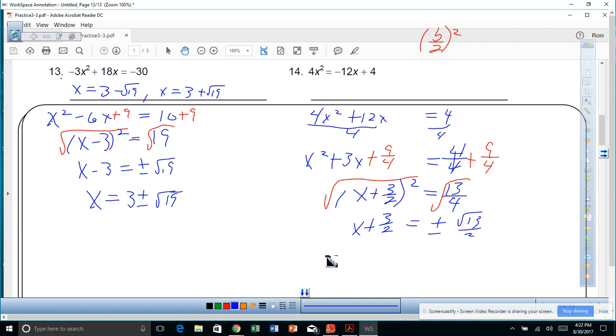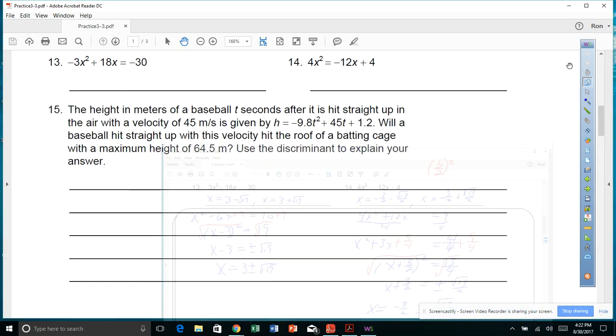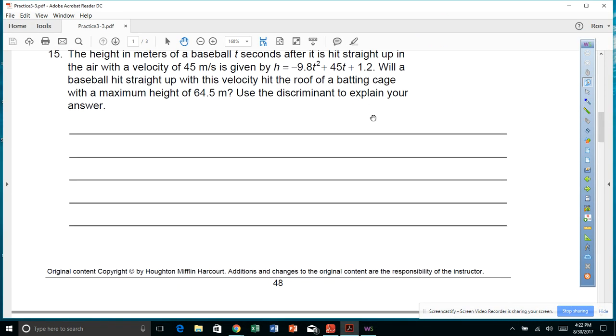Subtract 3 halves from both sides, so you got x equals -3 halves plus or minus the square root of 13 over 2. So x equals -3 halves minus the square root of 13 over 2, and x equals -3 halves plus the square root of 13 over 2. Not too bad. Let's take a look at number 15.